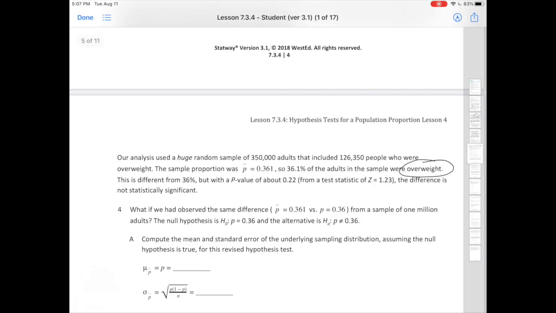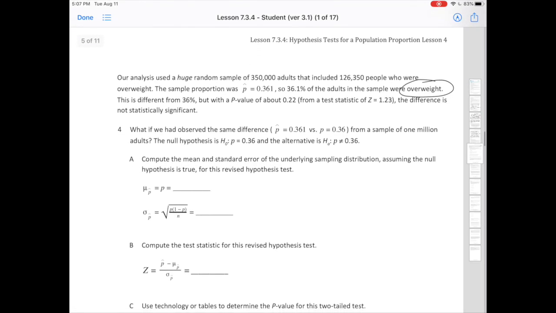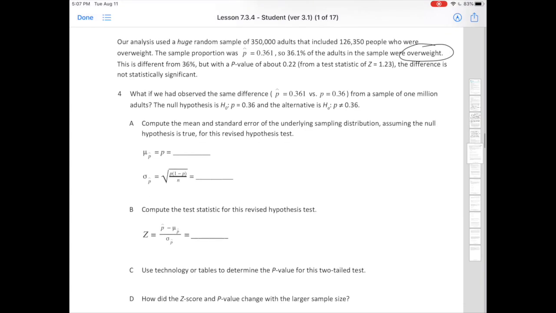So let's move on. We need to compute the mean and standard error of the underlying sampling distribution, assuming the null hypothesis is true for this revised hypothesis test.